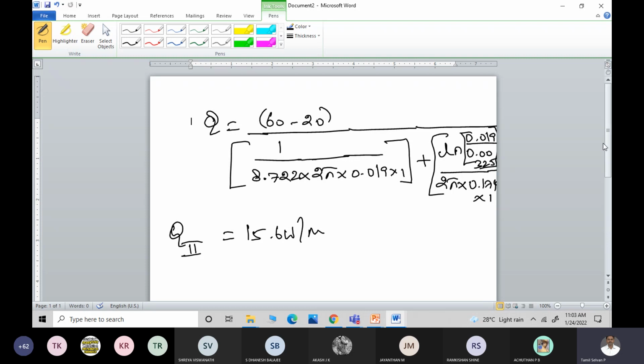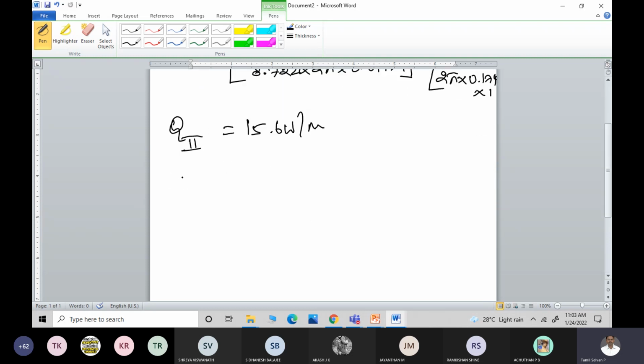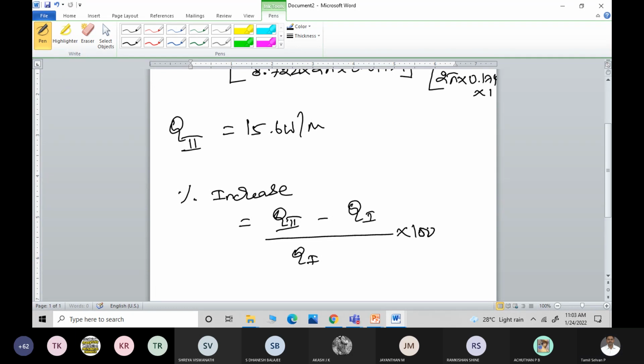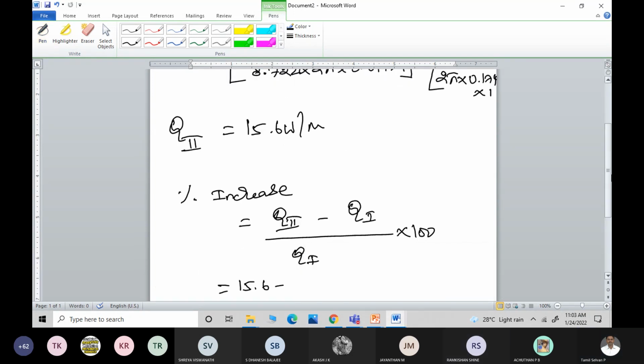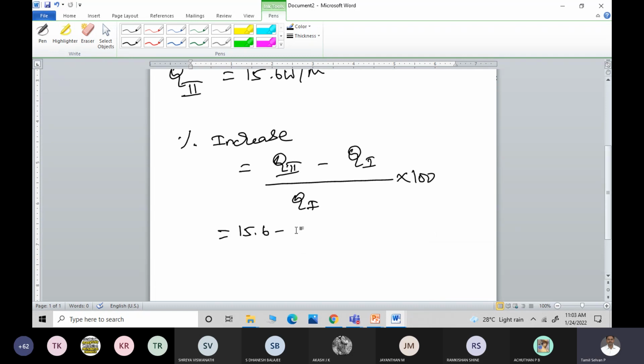Now, what is the percentage increase they are asking? The percentage increase is Q2 minus Q1, divided by Q1, into 100. So 15.6 minus the initial value we got, 7.13, divided by 7.13.